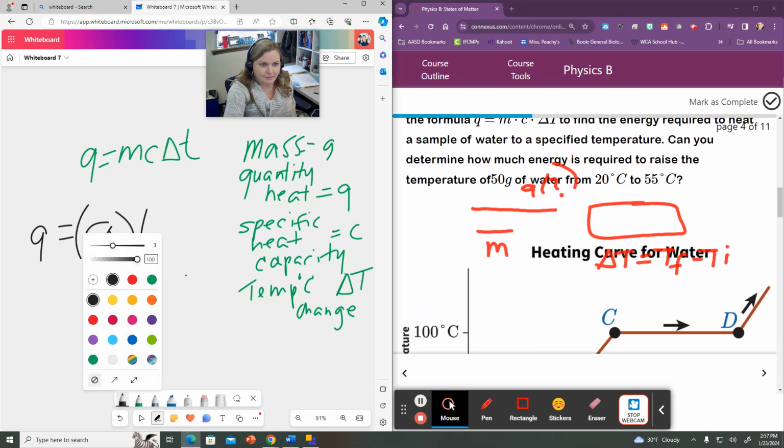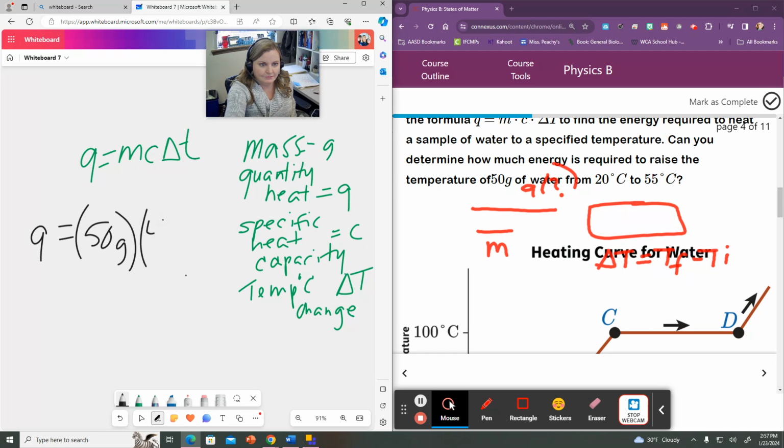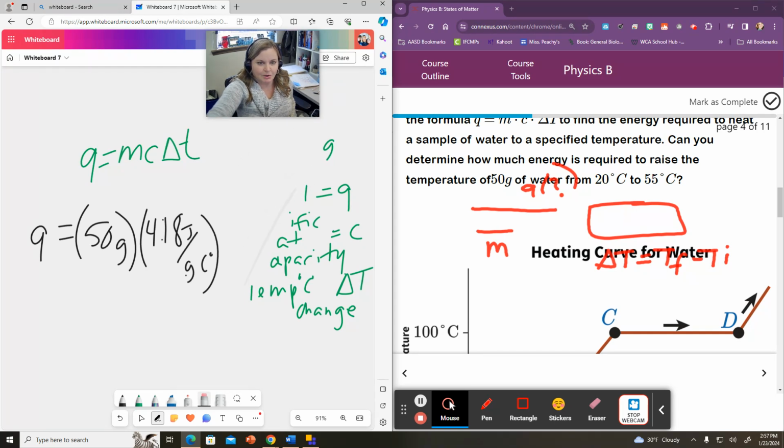Okay. Times. Wow. And that's joules per gram Celsius degree. And we're going to get rid of some of the stuff over here just because it's in my way.